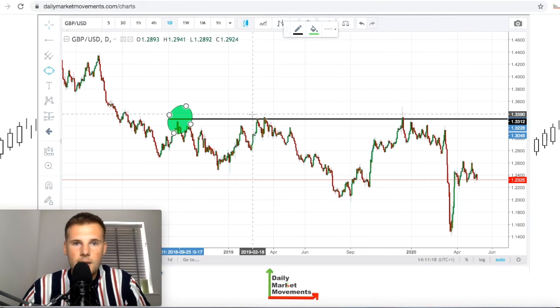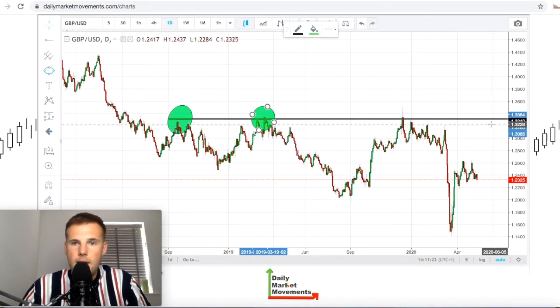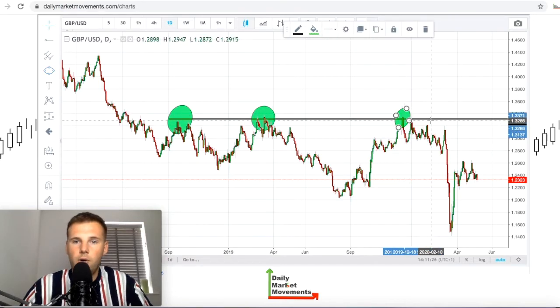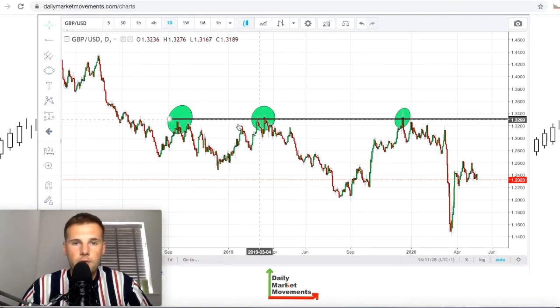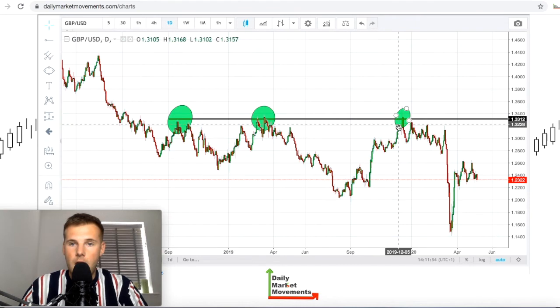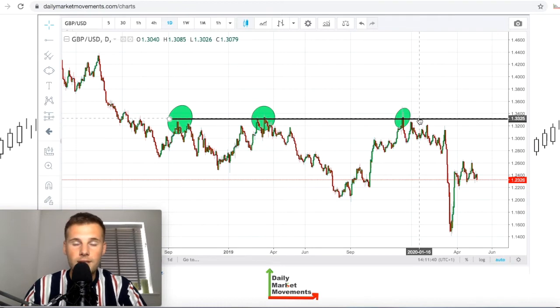The second attempt was a couple of months later here, and the third attempt was just a month or so ago, where the market rejected this price movement and the bears stepped back into the market and rejected this level. So the market has failed to break above this area, and as I mentioned in the previous video, this is what causes the roof or resistance level in the market.